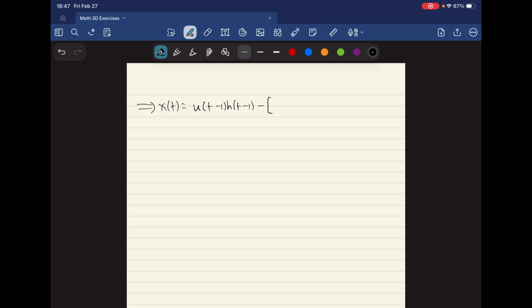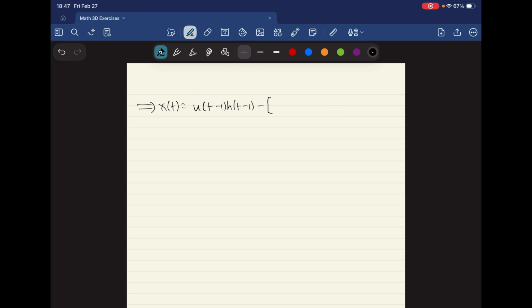And then finally, plus, right here, this term, u of t minus 3, g of t minus 3. And then we're done, because now we have found x of t.